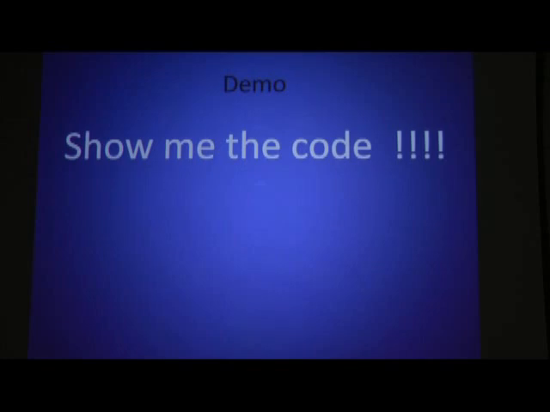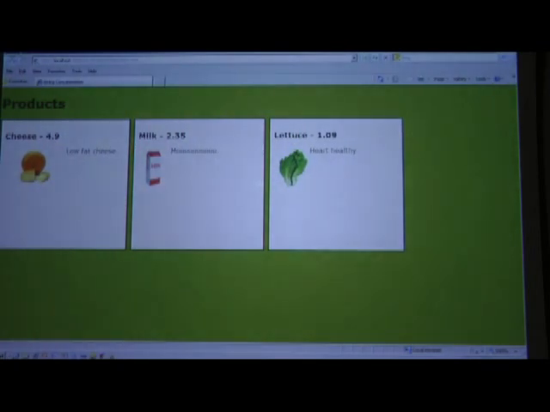So what I have here is a simple, let's say this is an online store where we have a product page where we list some products. What we will see in this entire presentation is we'll work on this one particular page, and we'll progressively enhance this page.